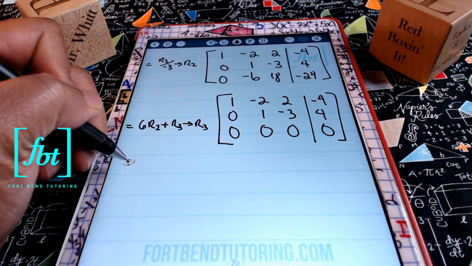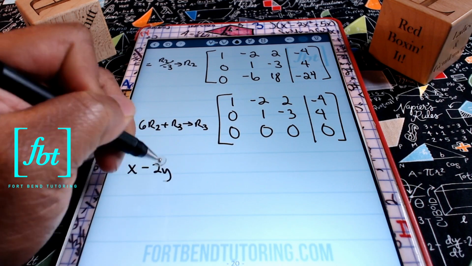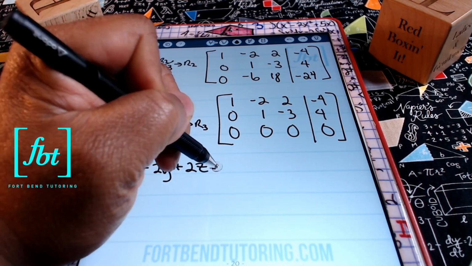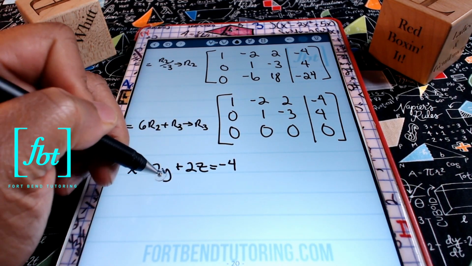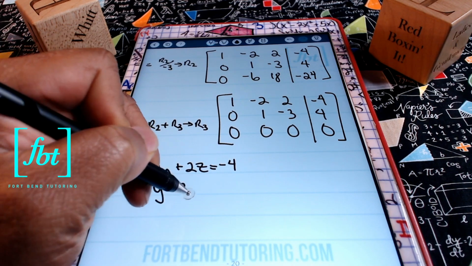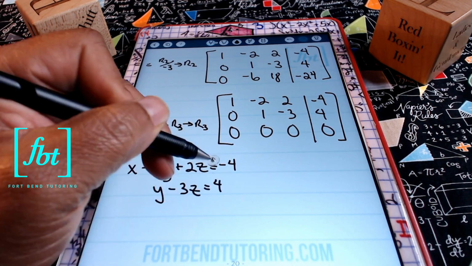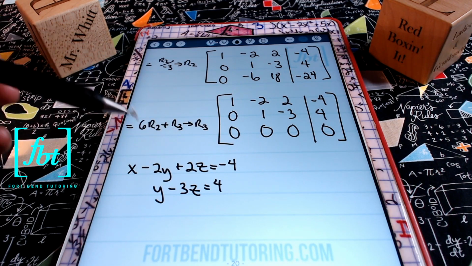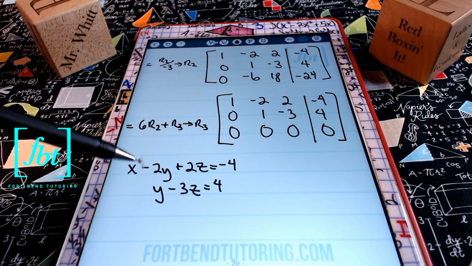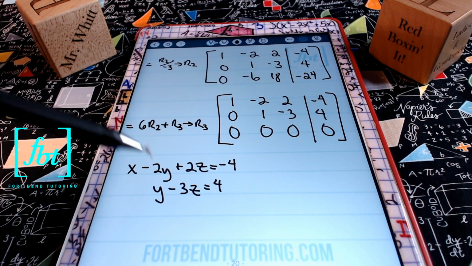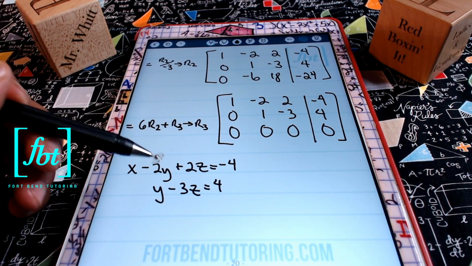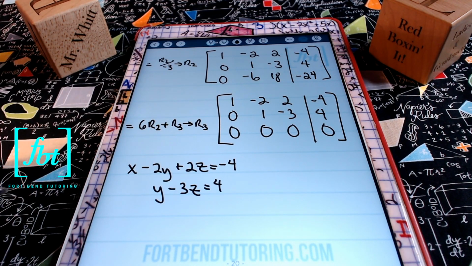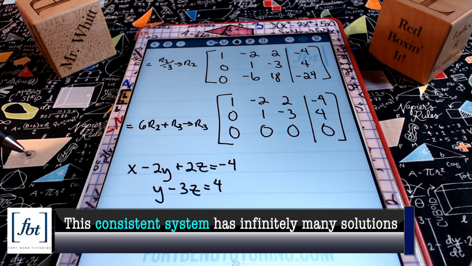And you're going to find that you have x minus 2y plus 2z equals -4, while you also have y minus 3z equals 4. So what we'll realize is that we still have 3 unknowns, but because we have a lack of a third unique equation to find all 3 variables, you'll want to write your result reflecting the fact that one of these values can be any number.